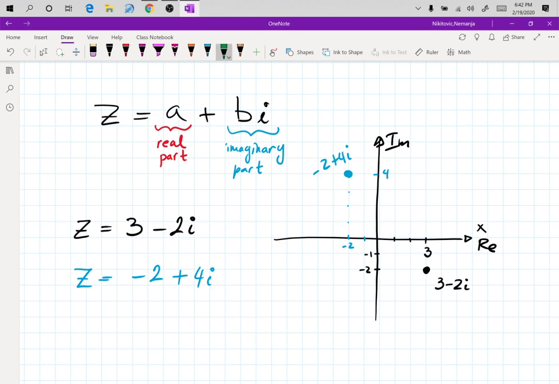So who can tell me what the coordinates of the green dot are? So I should write z equals negative 5 minus 3i. Excellent. Negative 5 minus 3i on the green example. Very good.